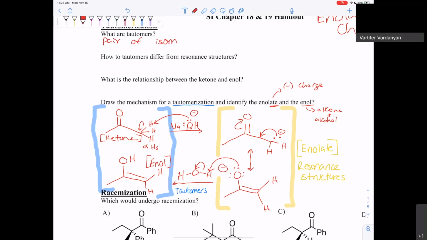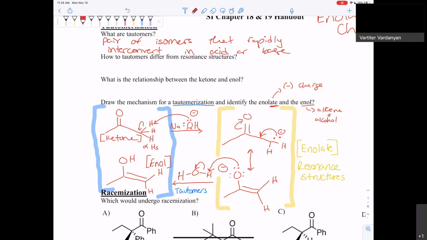Of isomers that rapidly interconvert, acid. Yes. So going from the ketone to the enol is an interconversion, we could say.